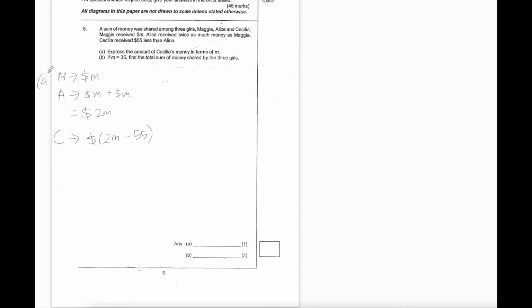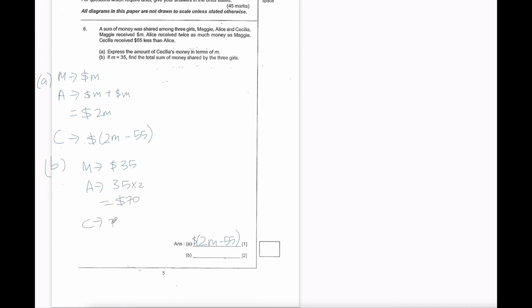We are done with A. And we are going to get 1 mark. Okay, let's move on to B. If M is equals to $35, find the total sum of money shared by the 3 girls. So if M is $35, that means Maggie will have $35 because Maggie is M. Alice will have 35 times 2, which is $70.